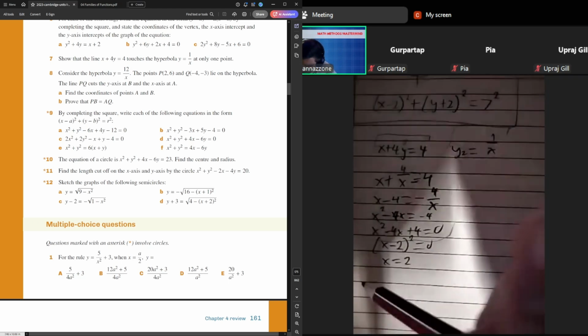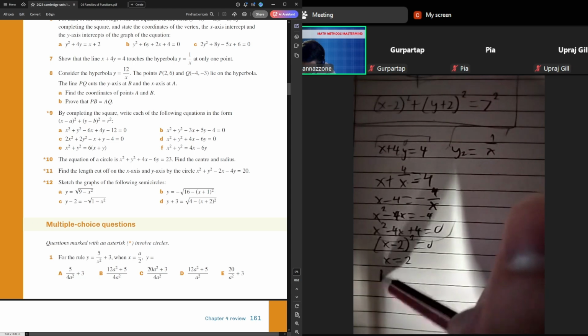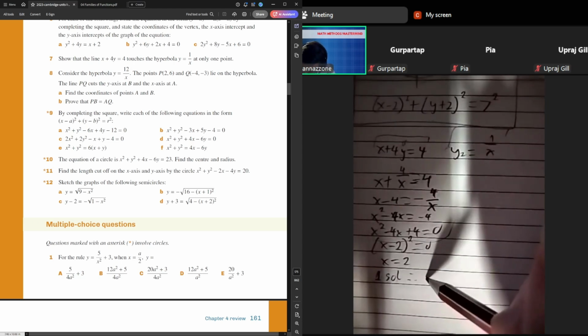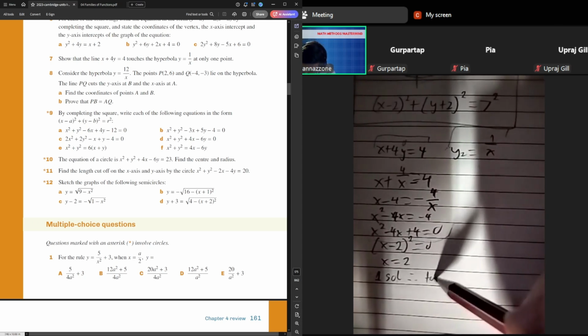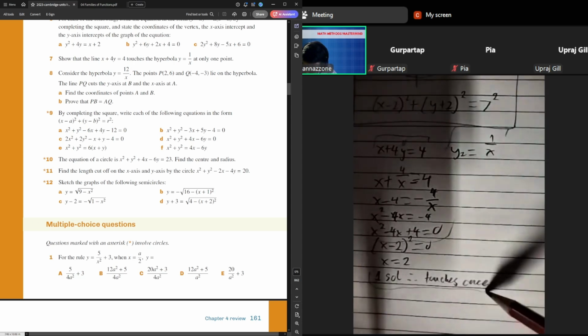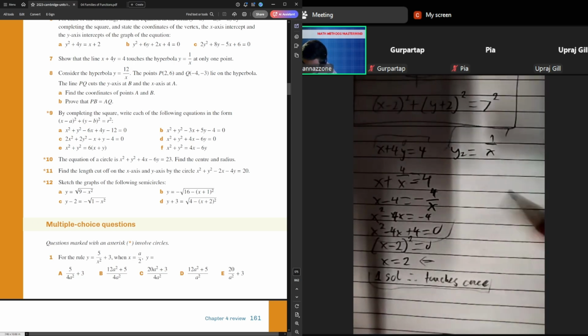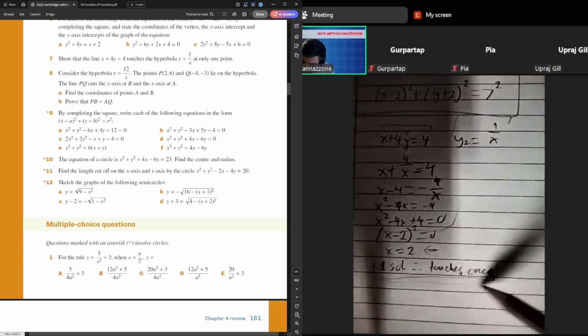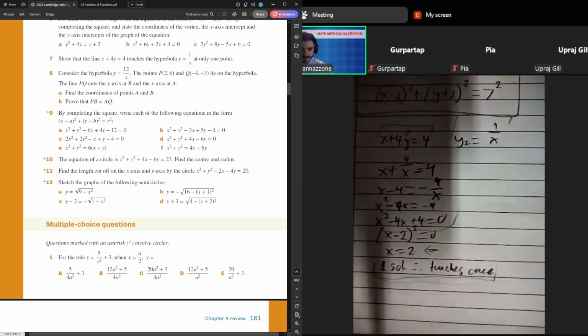So one wrap-up statement would be something like: one solution, therefore touches once. Just a little thing like that. You might get the mark for this. It isn't what the answer of the question is, though. This answers the question. The rest of this just proves it.